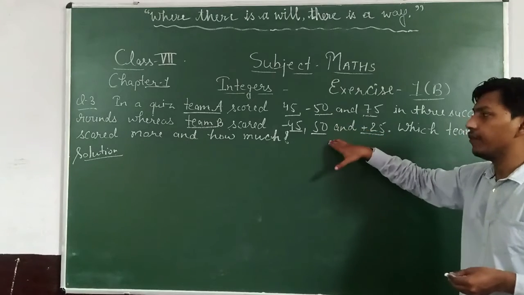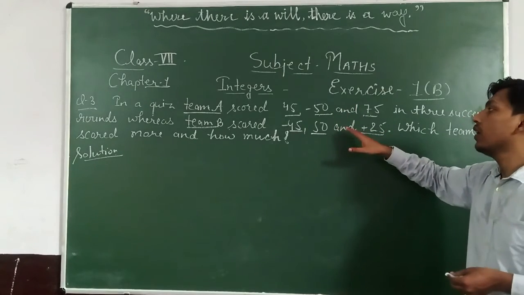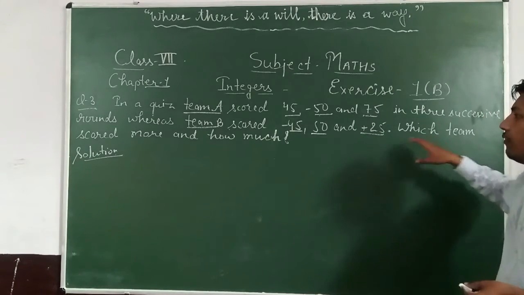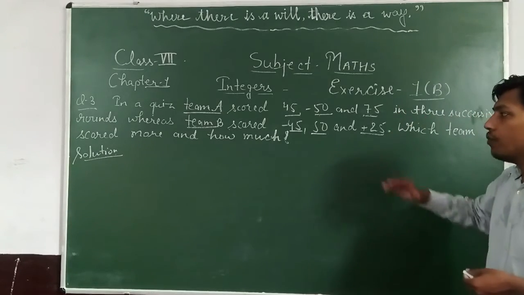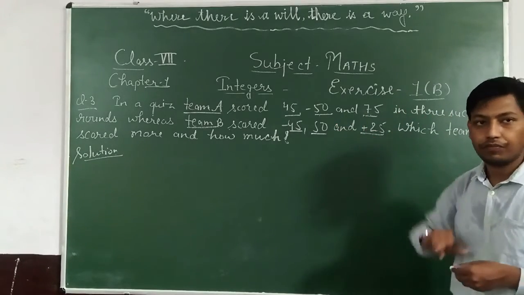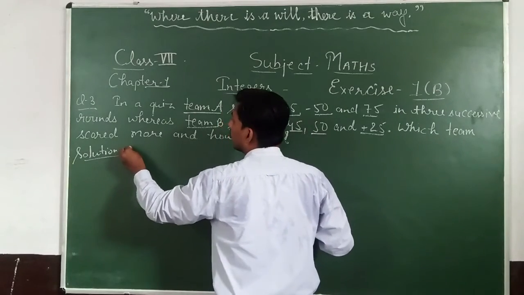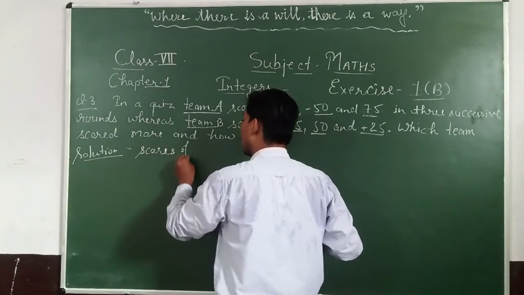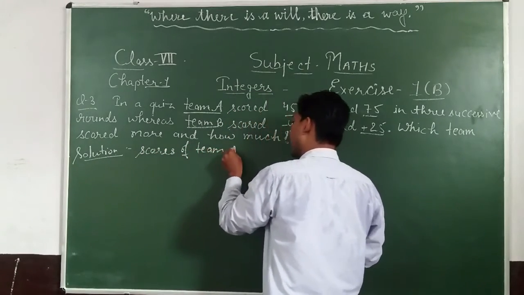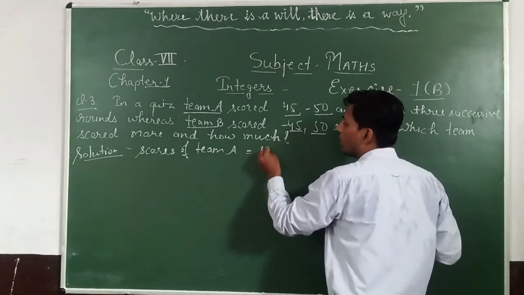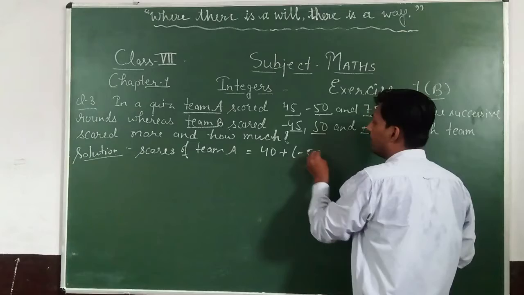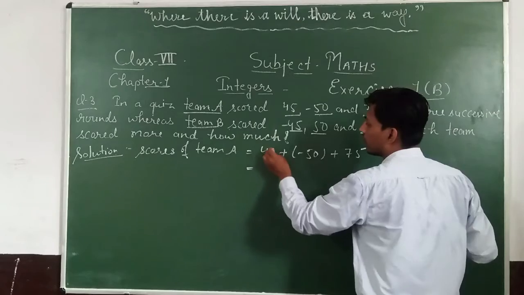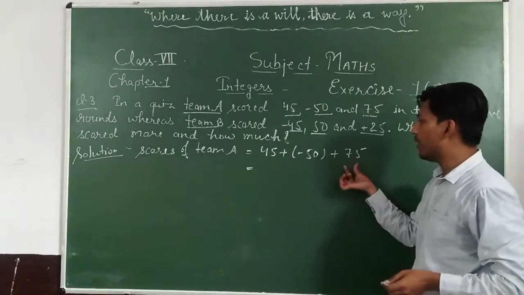First of all, we will add their scores, and the team which has the higher score will be the team with more score. And how much? We will subtract their sums. So the scores of team A: 45 plus minus 50 plus 75.